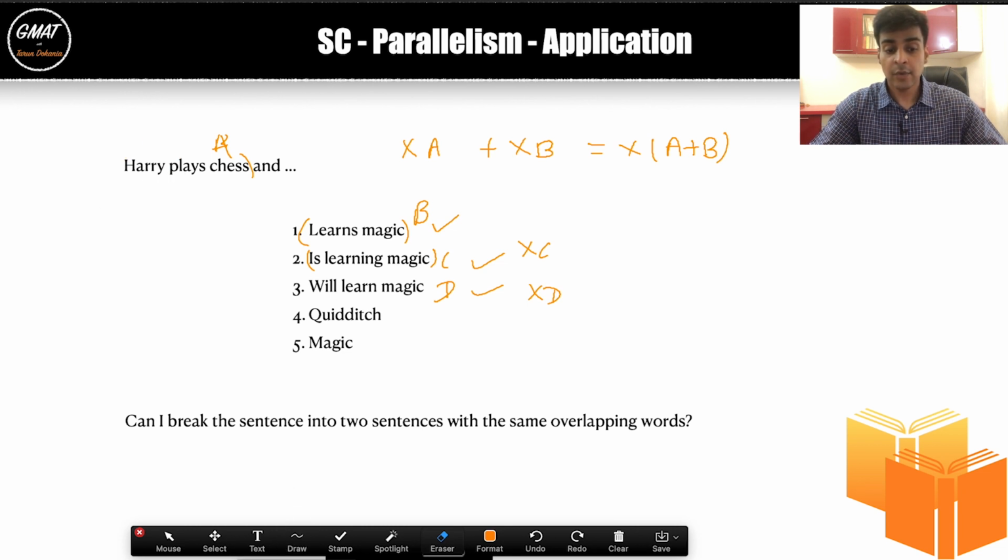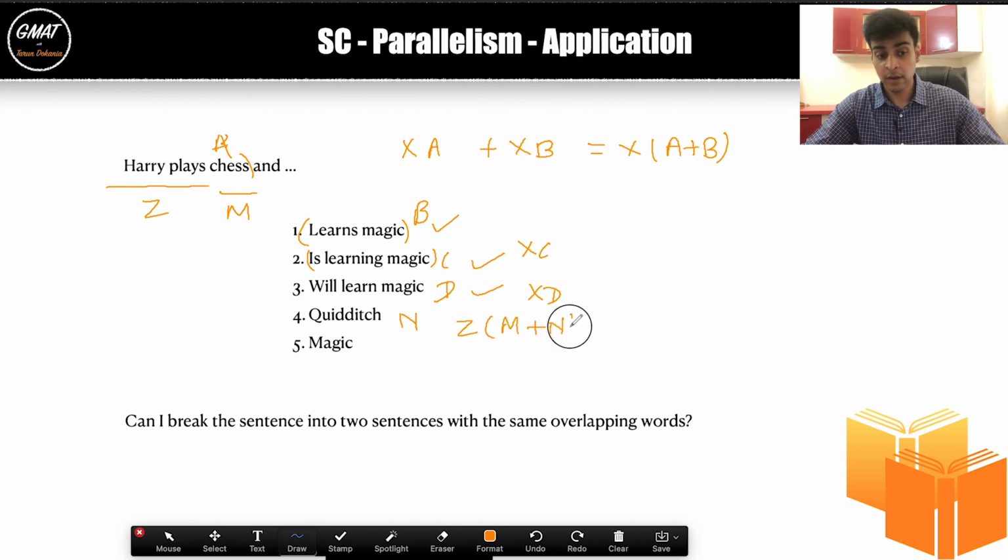Here I would have Harry plays as common. Let's call this Z. And I have chess as, let's say, M, and then I have Quidditch as, let's say, N. Now Z bracket M plus N would be the sentence that should break into ZM plus ZN. Harry plays chess, Harry plays Quidditch.